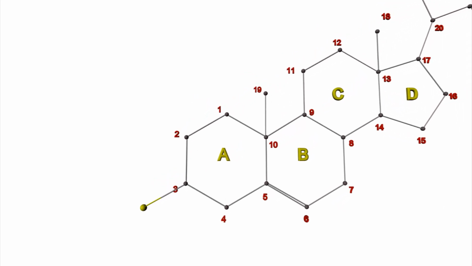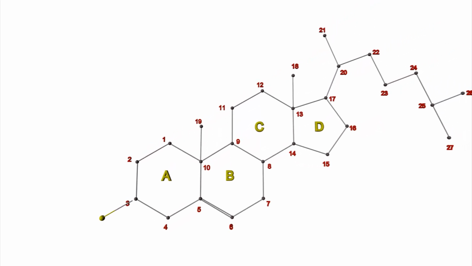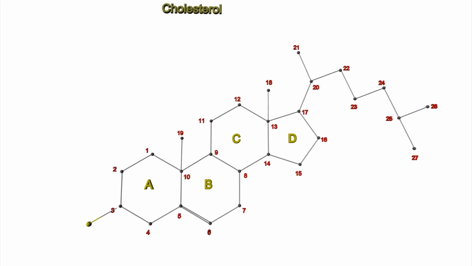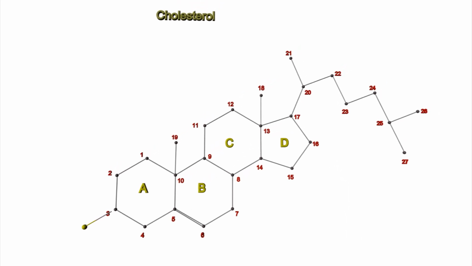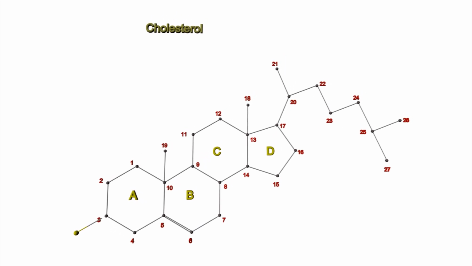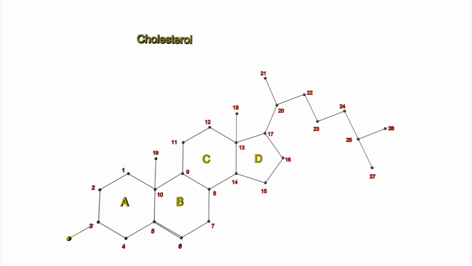As mentioned previously, all other steroids are derived from cholestanes. To generate other classes of compounds, there are some very specific changes in a very specific sequence that have to occur to the molecule.